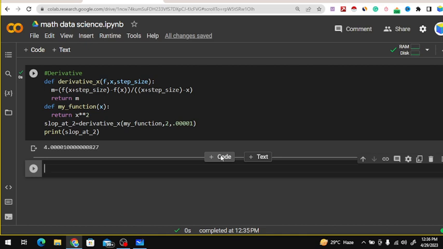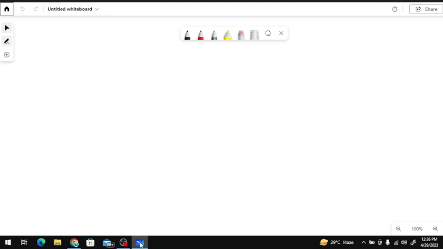Limits means, if I write like this, limit x tends to infinity of 1 by x, it should be 0. As x approaches infinity, the function 1 by x approaches 0 but never reaches 0.